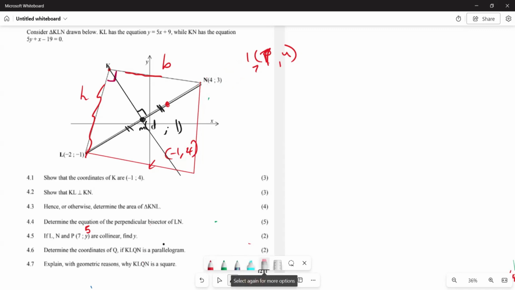Now, what is it that we can do from here? If this is your parallelogram, what is one thing that you can take from it? Remember, we know that in a parallelogram the opposite sides are equal and parallel, and the diagonals of your parallelogram bisect each other, right?